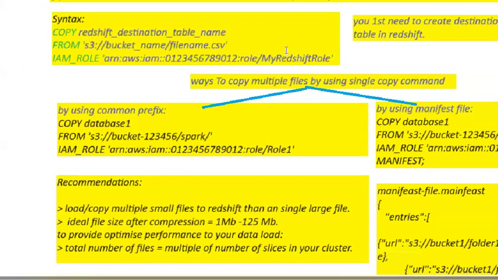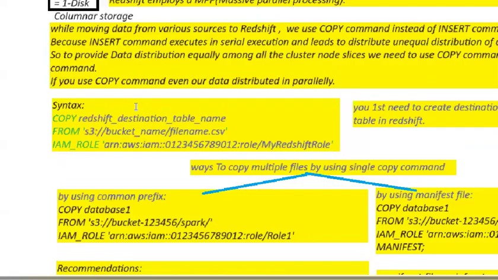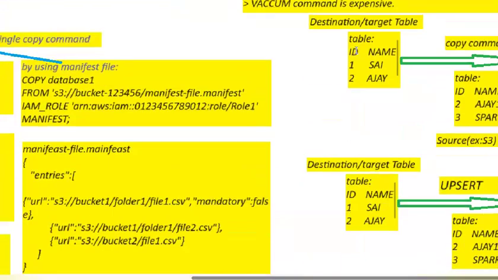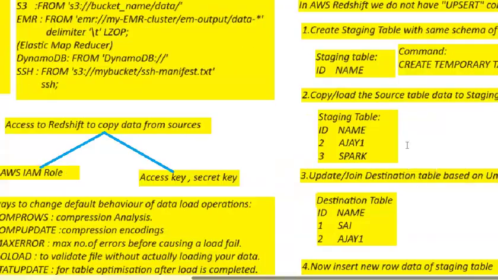You can see this is the general syntax for it. Those who are unfamiliar with this syntax, please watch the previous video about how to use the copy command, so that they can get some idea about it. Now let us write that command here for step 2.